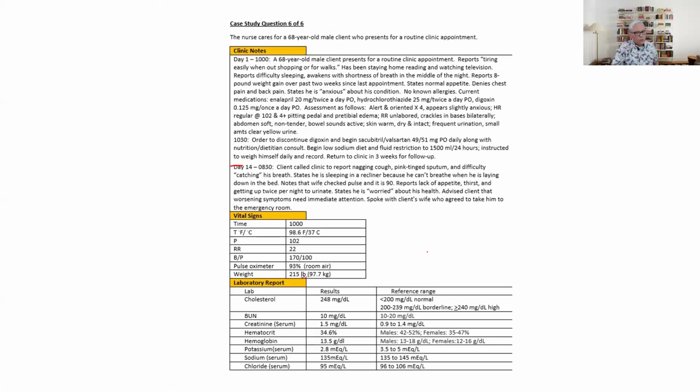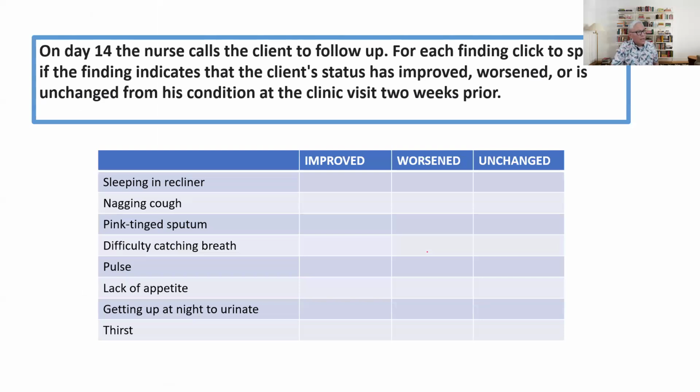So we're now going to answer the question that is posed based on that. So you're now going to indicate if the client's status has improved, has worsened, or is unchanged from his condition at the clinic visit 2 weeks prior.